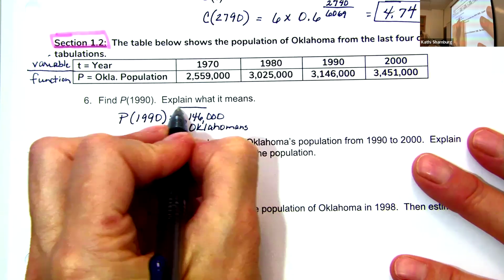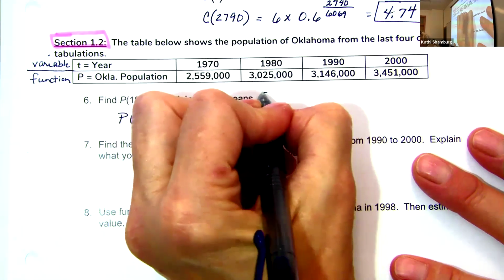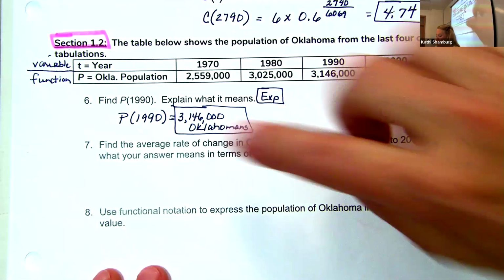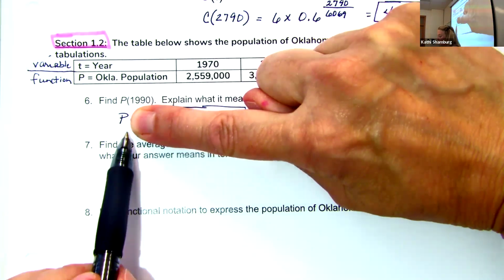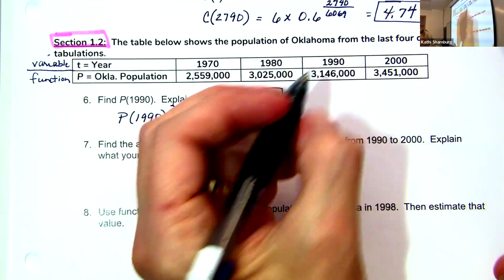So here was the first question. The second part is asking us to explain. So again, we start out by saying the Oklahoma population.